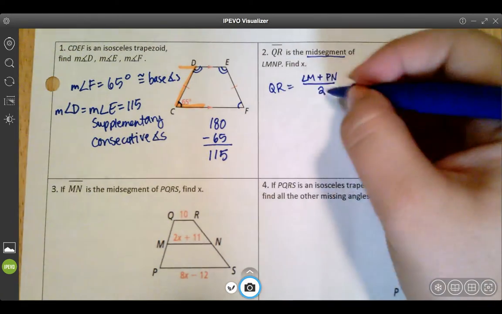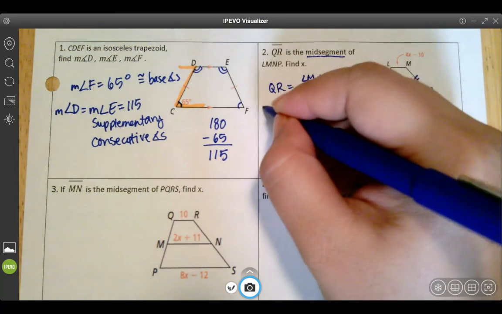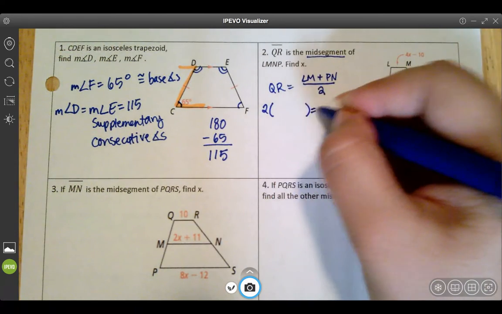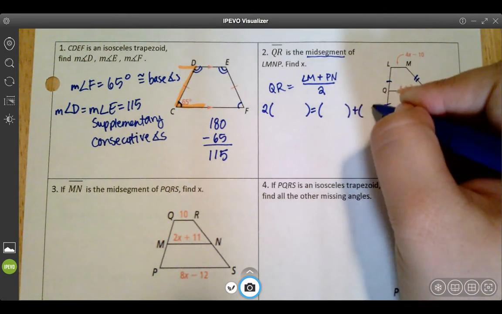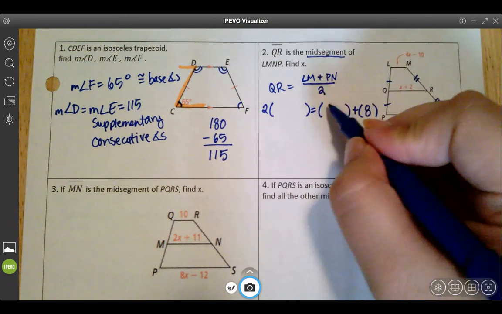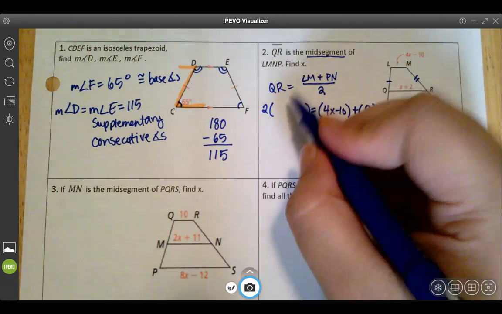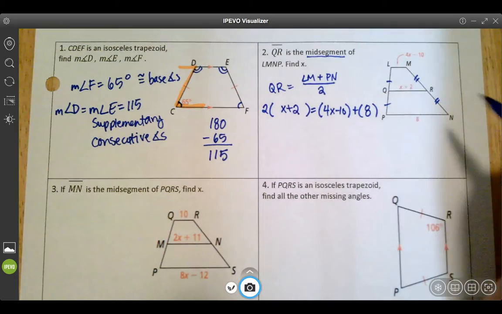Notice I can multiply both sides by 2 if I don't want to deal with a fraction. So let's go ahead and do that. 2 times QR equals LM plus PN. PN is 8. LM is 4x minus 10. And QR is x plus 2.